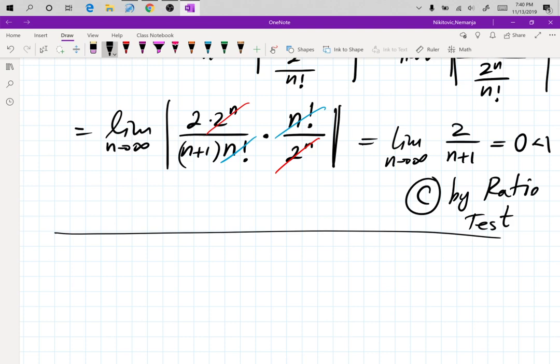You can just look at it, right? That one, you don't even bother. k to the k is rising faster than k factorial. This one is going to die by the divergence test, right? You don't even have to crank the ratio.